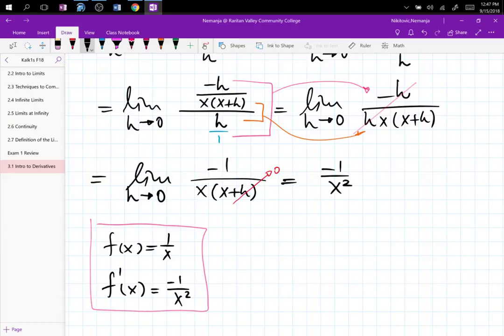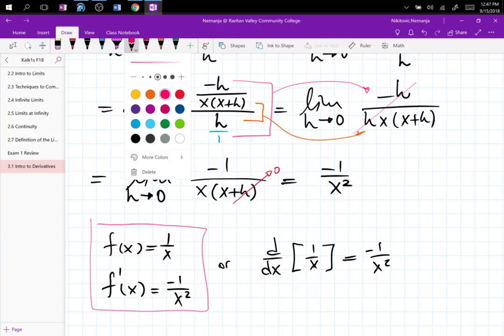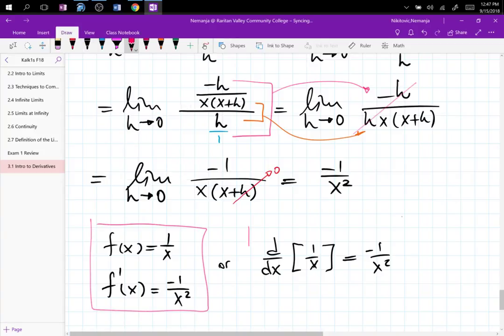We can also write that the derivative of 1 over x is negative 1 over x squared. That's another way to denote the same thing. Most of the time I use the one on the right because it's less effort, less writing, less mess, less lines, less paper, less everything.